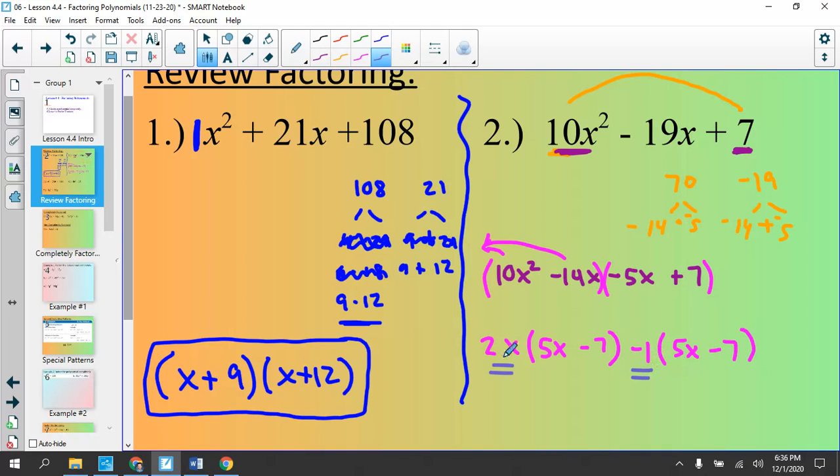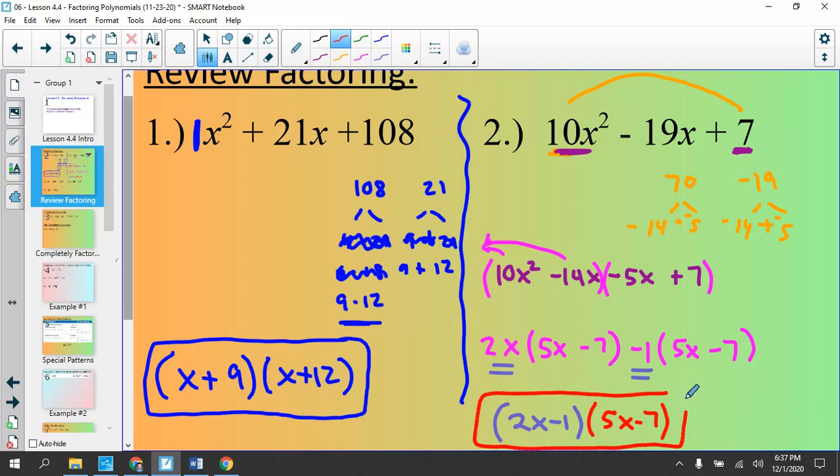So you should always end up with something outside here and here. You take what I'm calling the outside stuff and stick it together in its own binomial. So I've taken this 2x, this negative 1, and put it together. And then I just use one of these, 5x minus 7, as its own single binomial. And now we are officially factored.